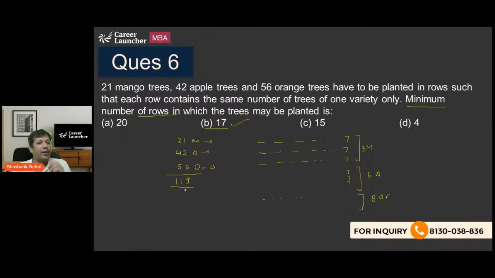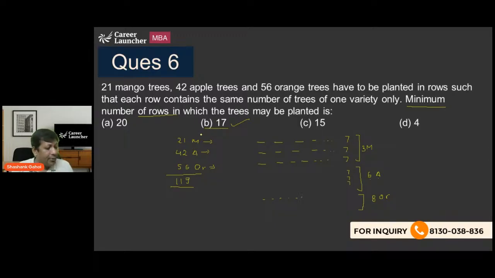I have to plant 119 trees, and each row has the same number of trees. It means number of rows must be a factor of 119. How many options are factors of 119?